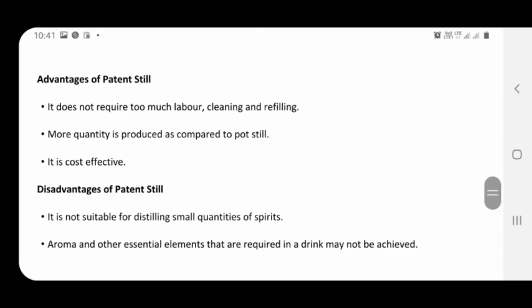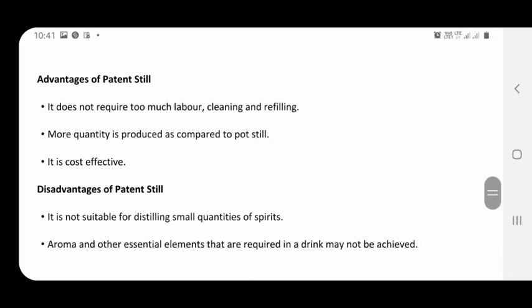What are the advantages of the patent still method? It does not require too much labor, cleaning and refilling. More quantity is produced as compared to the pot still.